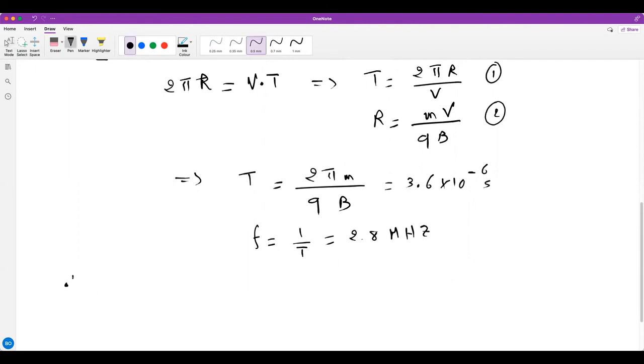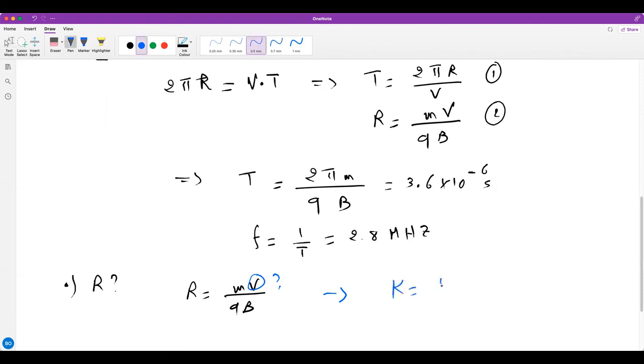So another question will be, what is the radius r? Well, we know that the radius r is equal to m v over q B. Of course, I'm taking q as the absolute value of the charge. So we need v in this equation, but we can obtain it from the kinetic energy.